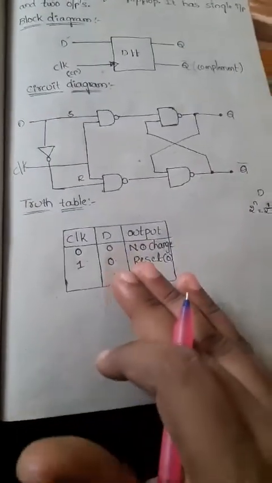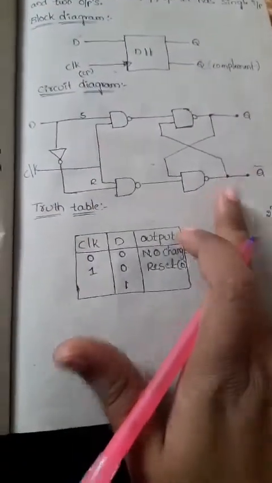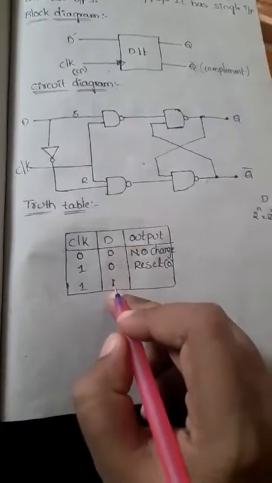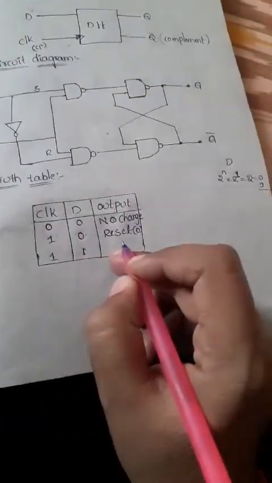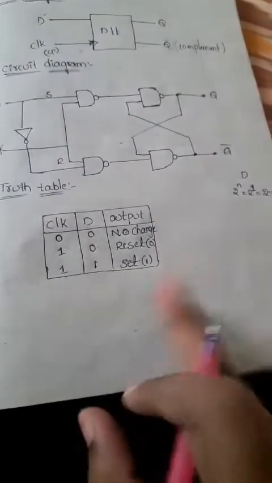Remember that one: whenever the clock signal is high, the data will be connected to the whole circuit, so then only we'll get the reset output. Whenever the clock signal is high and the input is connected to 1, then automatically the output will be the set operation. Okay, so remember this one.